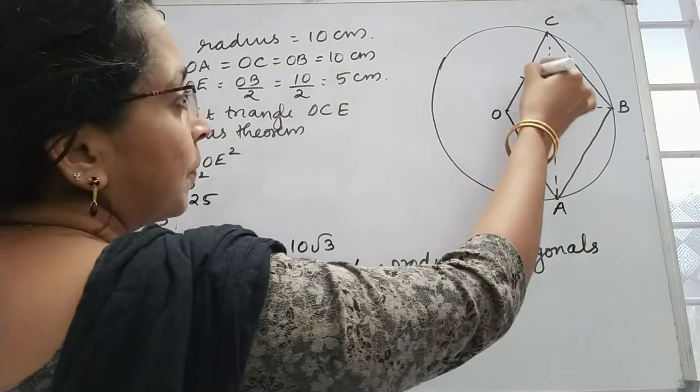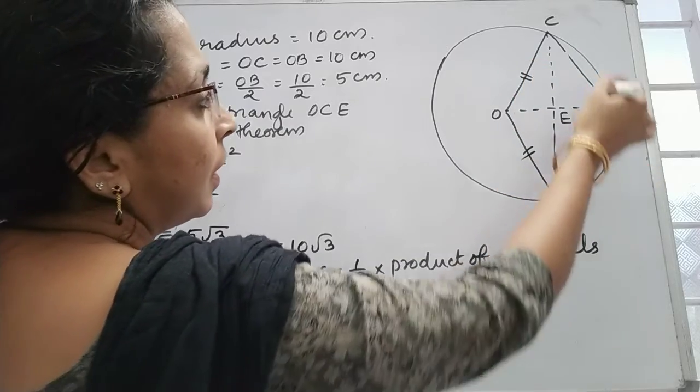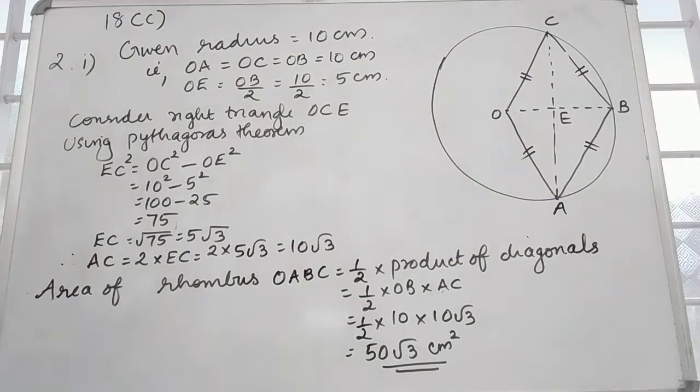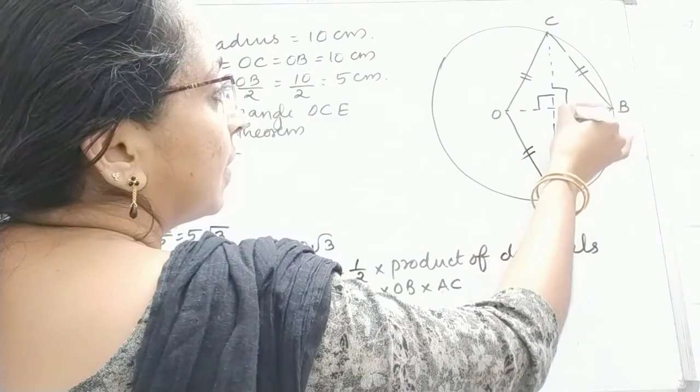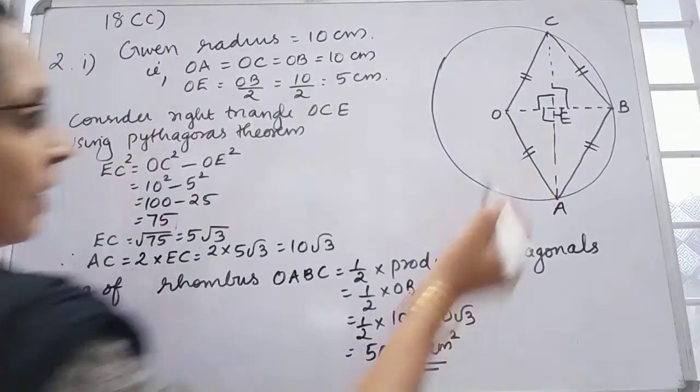That is the first property of a rhombus. Second property is diagonals bisect each other at 90 degree. This angle will be 90 degree, this one 90 degree, this one 90 degree, this one 90 degree.